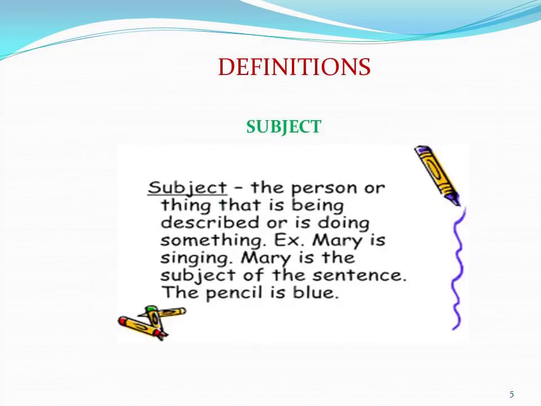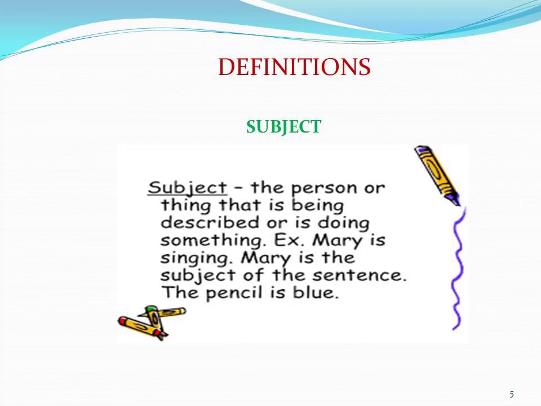What is subject? A subject is the person or thing that is being described or is doing something. See the example, Mary is singing. In this example, Mary is the subject of the sentence and the word Mary refers to the person.